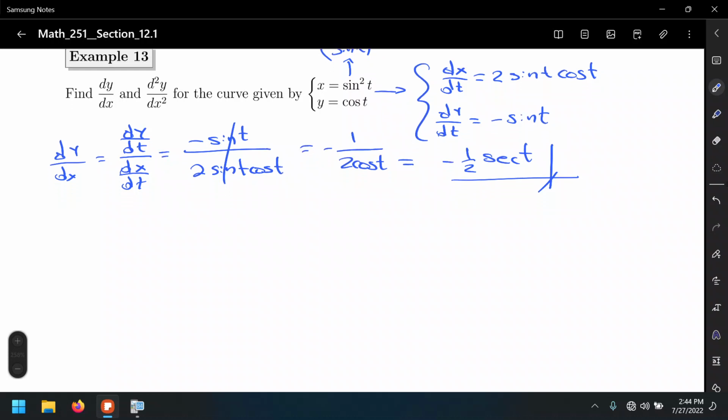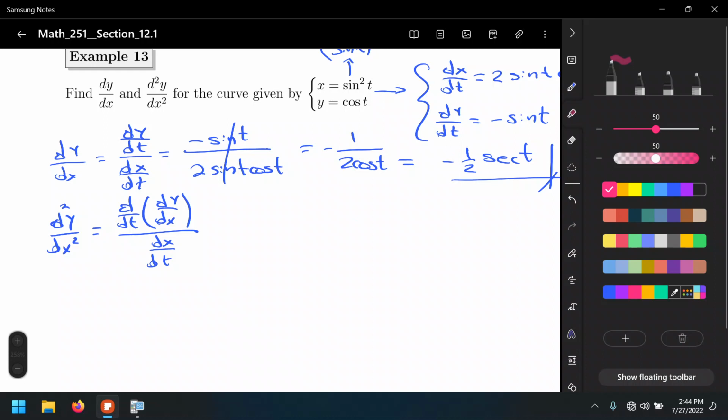So now for the second derivative, d squared y dx squared, that is the derivative with respect to t of the first derivative that we obtained in the previous part, and that whole thing divided by the derivative of the x equation, the same one we obtained in the first part. Okay, so again, let's color code this.